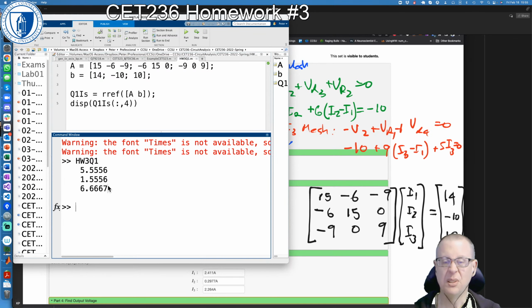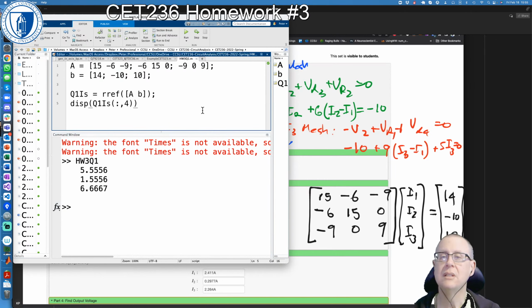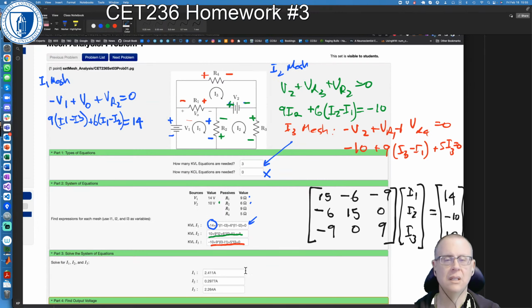Right, and so there's some numbers. And that doesn't look like the numbers I got down there. That's kind of interesting. So I got plus 10, minus 10, minus 15.